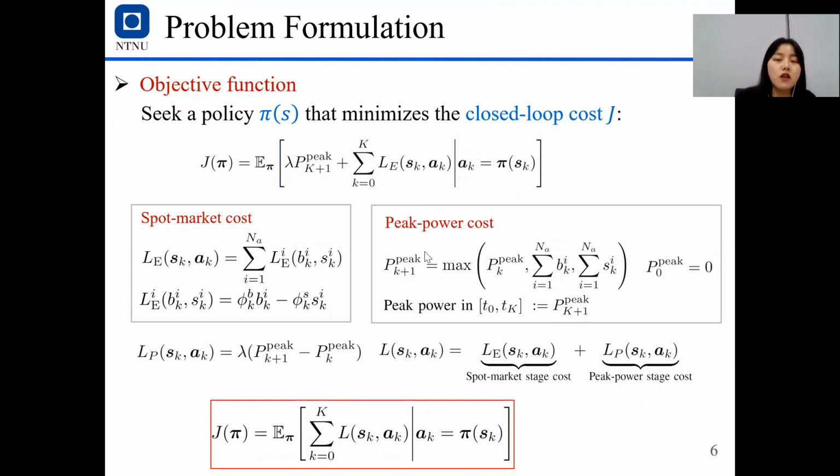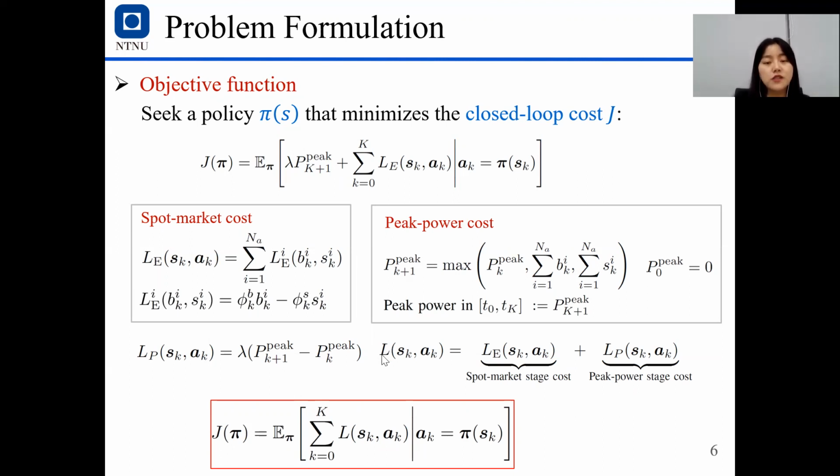However, for solving the RL problem, we should have a stage cost rather than this kind of form. That's why we define a peak power stage cost LP this way. And you can prove that by having this one, finally we can have this similar equation here.